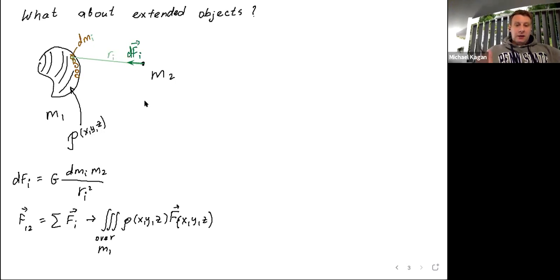Then you consider each possible pair, one particle from this object and another particle from the other object. That gives you a single df, and then you add all those df's. So you need to compute a 6-dimensional integral over 2 sets of variables, x, y, z, and x prime, y prime, z prime. And you need to do 3 copies of that because force is a vector and has 3 components.